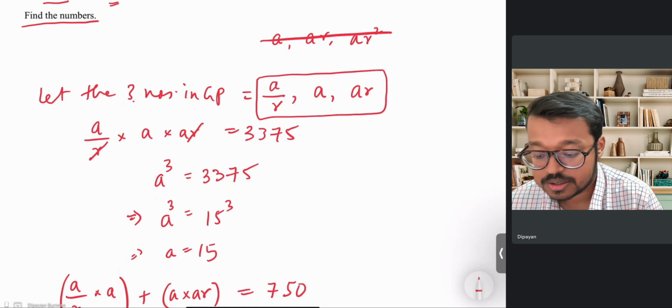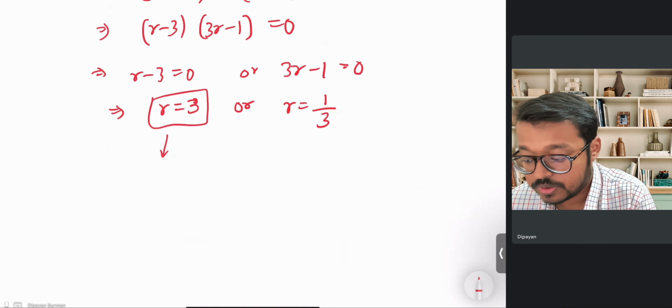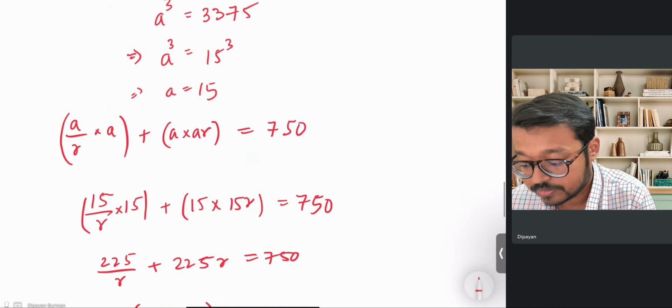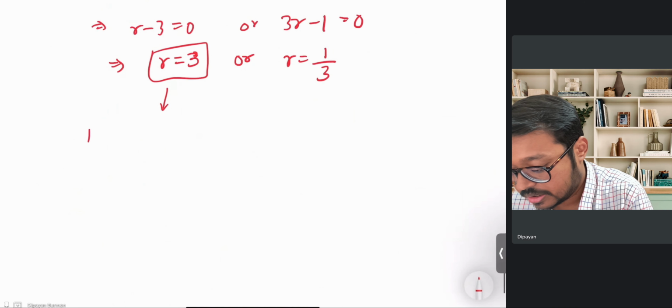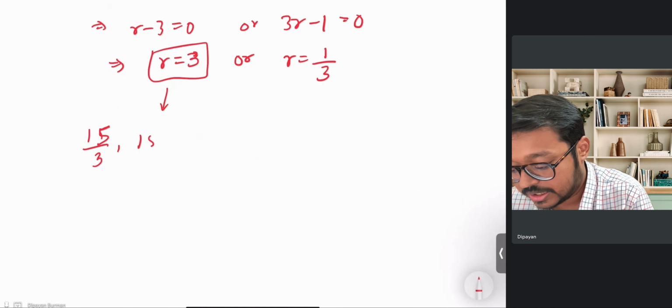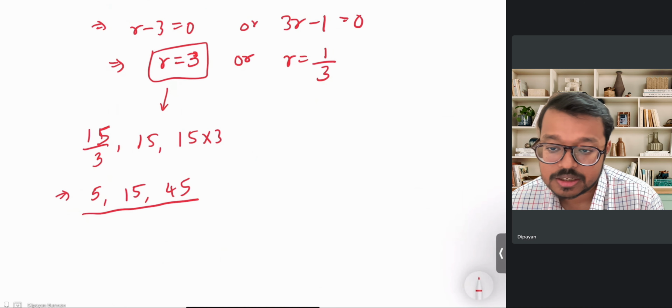So if R equals 3, we have A by R, where the value of A, if you remember, was 15. So we have 15 by 3, then 15, and 15 into 3, which gives us 5, 15 and 45. So these can be the three numbers.